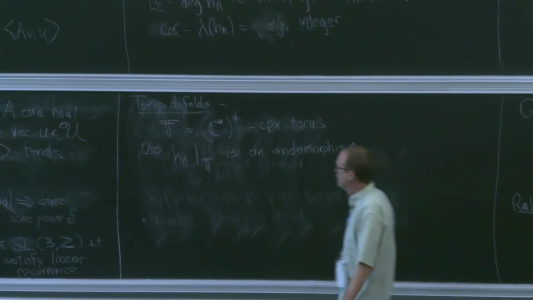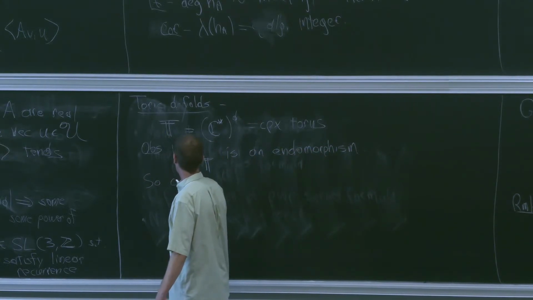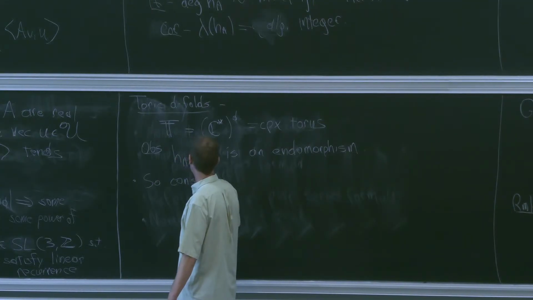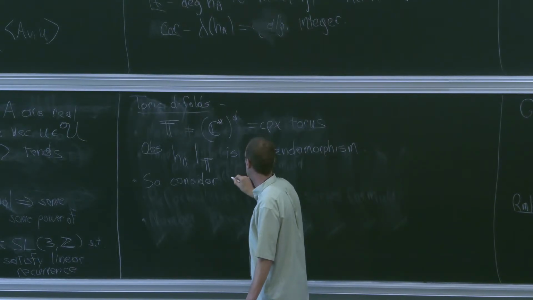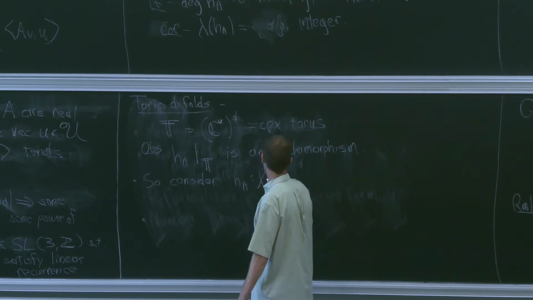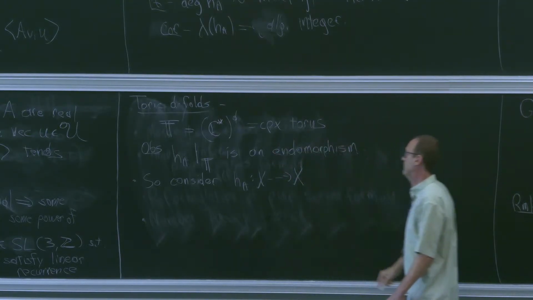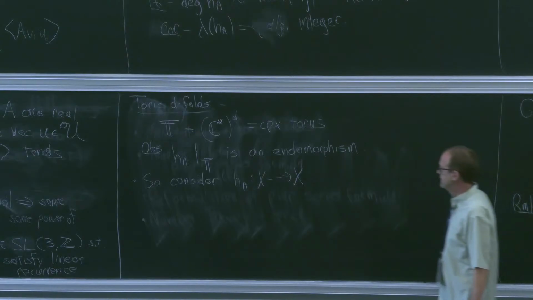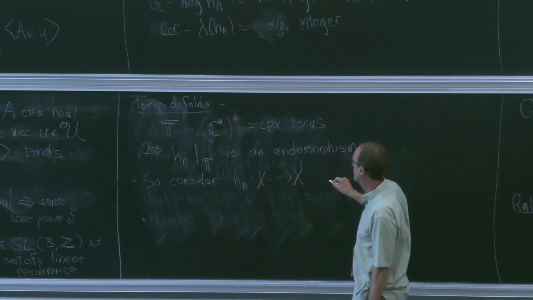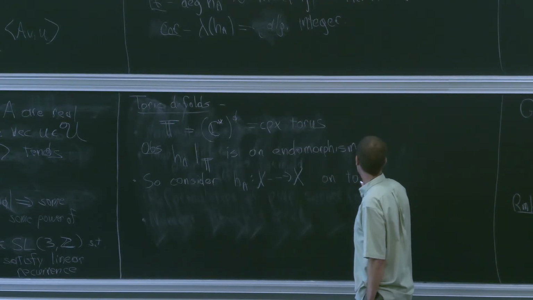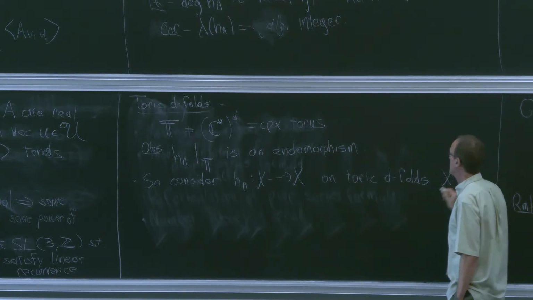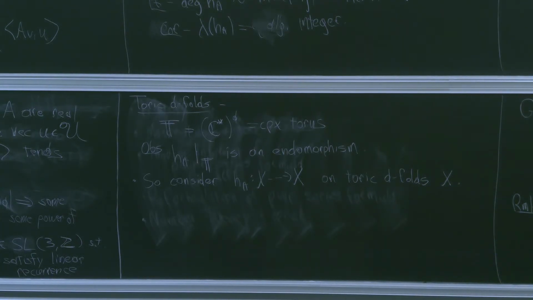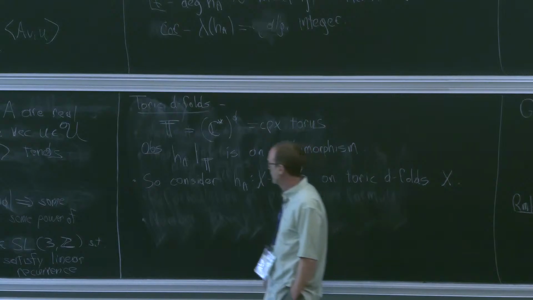So I'll use that as an excuse to consider what H_A does on certain compactifications X of the torus. And I'm going to give you a very non-standard definition of toric d-fold.